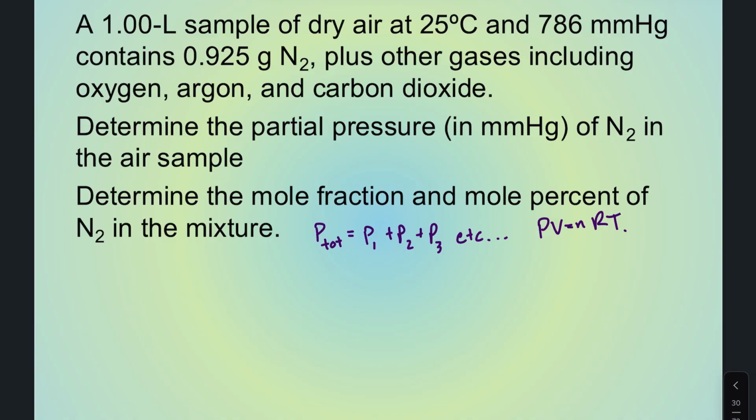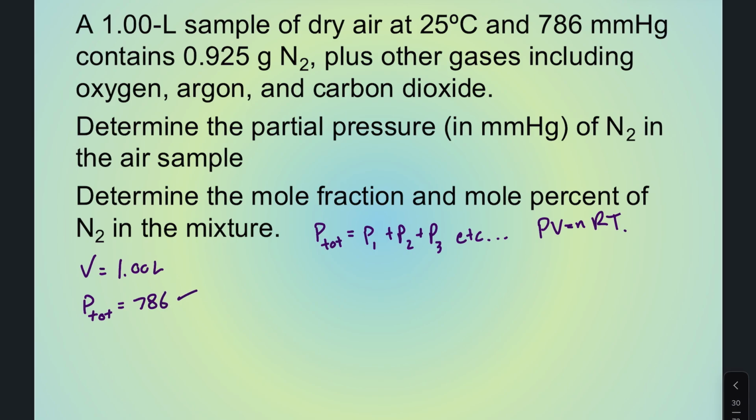Okay, so to determine the partial pressure in millimeters of mercury of the gas, what we're going to do first is write out all of the different variables we have. So we have a 1 liter sample. That's going to be our volume. So that's going to be 1.00 liters. We have a total pressure of 786 millimeters of mercury.